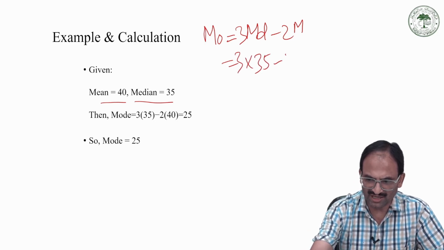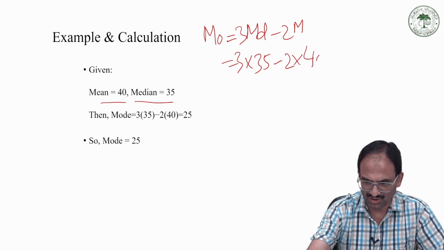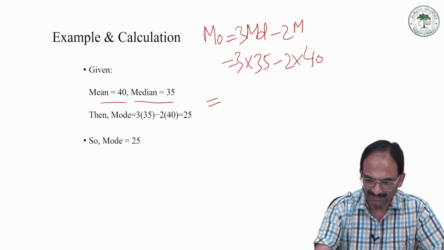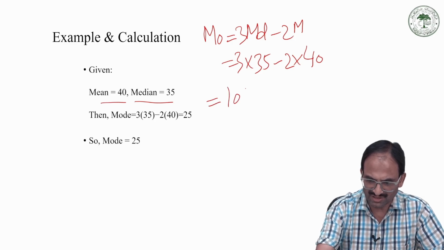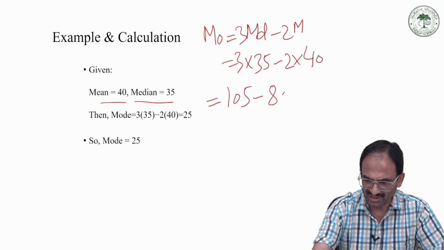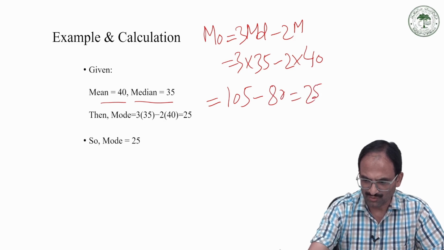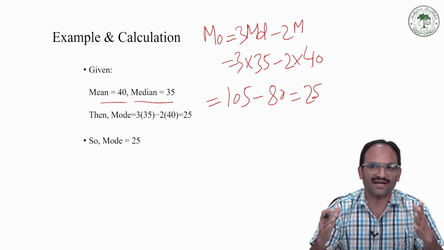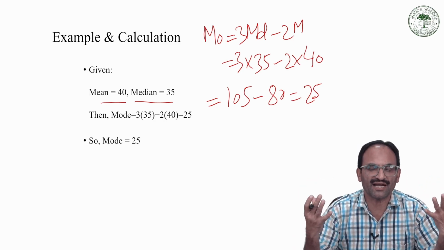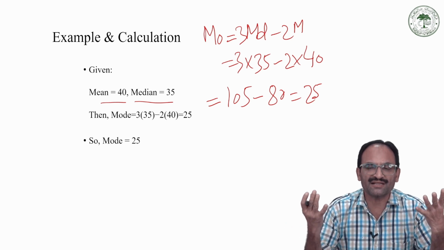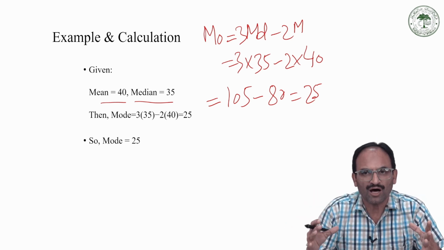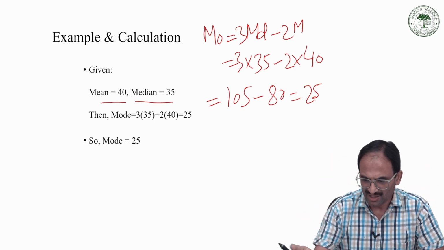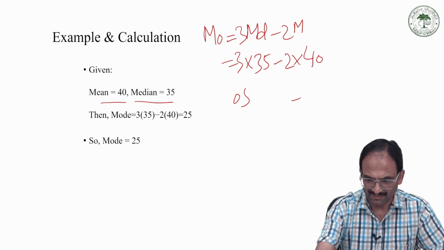So 3 into 35 minus 2 into 40, because mean has given here 40. So simplify. So 3 into 35, that is 105 minus 2 into 40, that is 80. So finally mode has come out to be 25. Again remember that this is certain kind of crude value. This is certain kind of approximation, and this approximation has been done on the basis of the nature of the distribution of the data. So let me take another example.